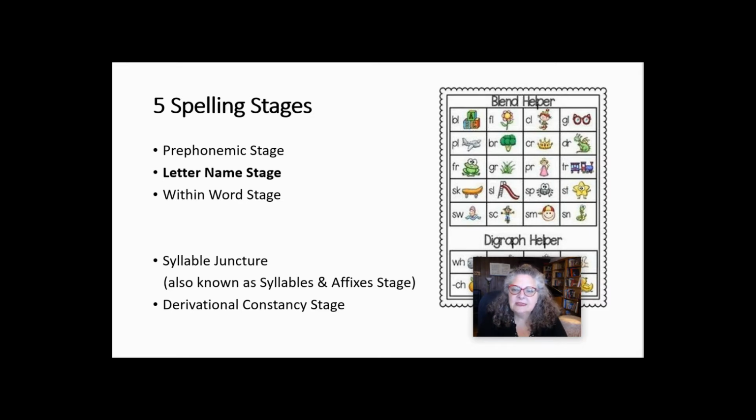So, if this anchor chart is hanging in a classroom, if a child's trying to write the word chicken, they might remember, oh yeah, that's that CH we talked about the other day. So in the letter name stage, we're really helping kids think about how to listen for sounds and then think about what are the graphemes that you would write for those sounds.